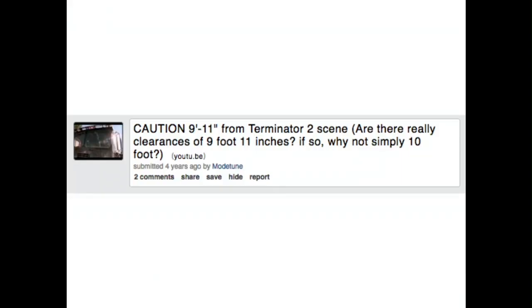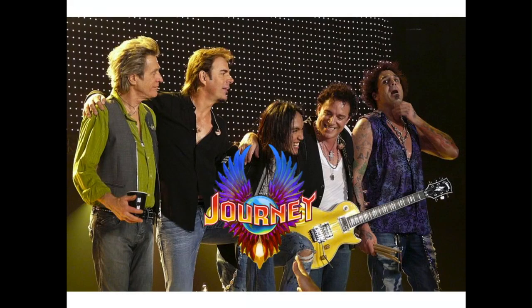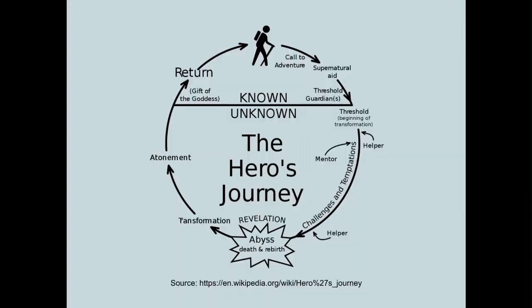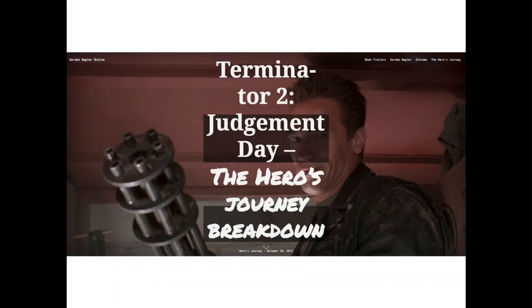Yeah, I'm not the only one who thought this was weird. Another interpretation is that we are following Arnold's character, the menacing T-100, through a journey. Not that kind of journey, not that kind of journey, but the hero's journey. And yes, a film nerd online has actually mapped the whole thing out.